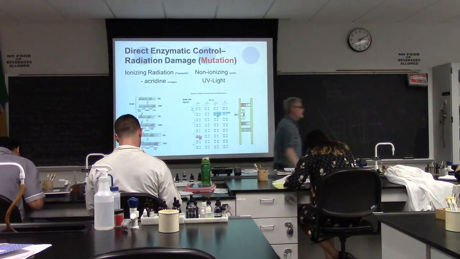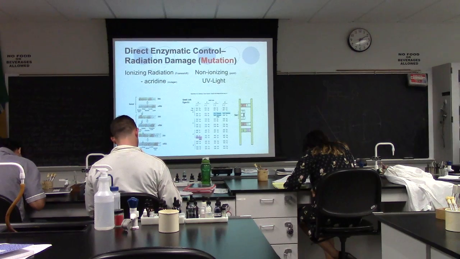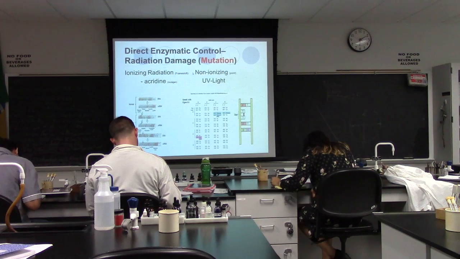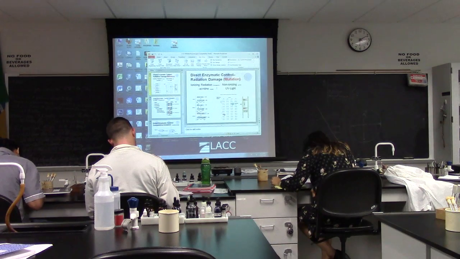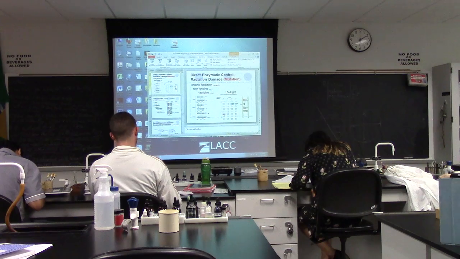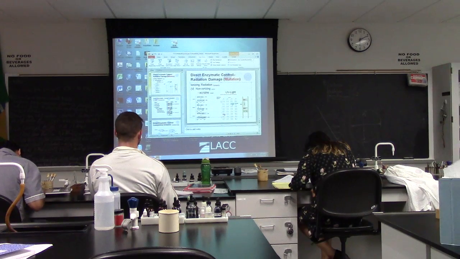One of the things I forgot to tell you is that anything that changes DNA is a mutagen, and one of the mutagens that is similar to radiation is viruses. Viruses insert.